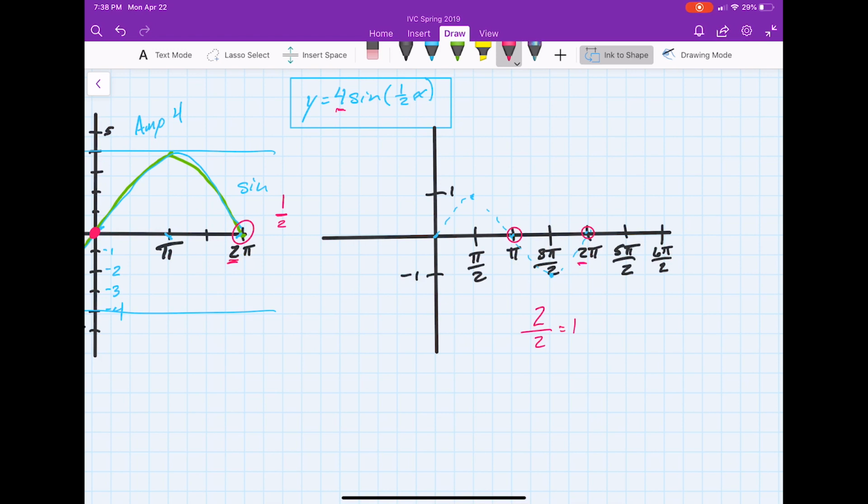So if we go back and look at what they gave us before, I'm just going to set these to be 2 and 4. That way I don't have to make the graph longer. Here's the graph that we were given, which had an amplitude of 4, but it was stretched out.